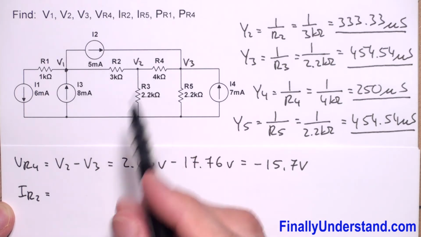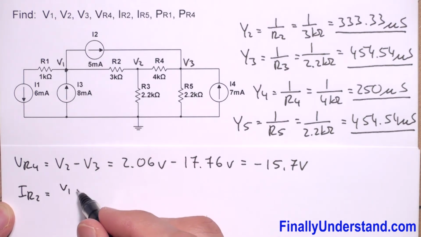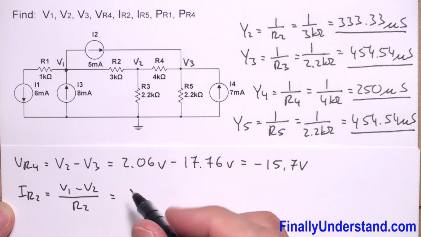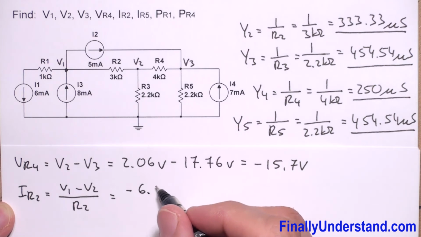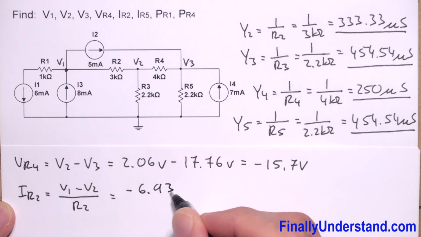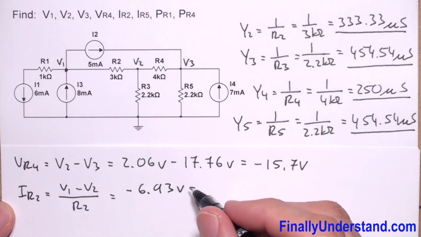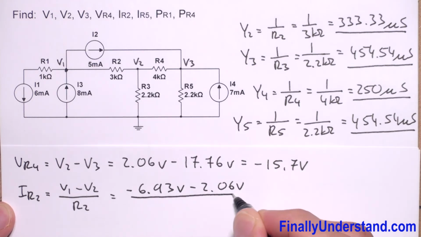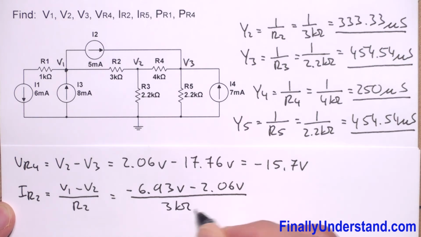The voltage across this resistor is the difference of these two voltages, so I have V1 minus V2 over R2. V1 is negative 6.93 volts minus V2, which is 2.06 volts, divided by R2, which is 3 kiloohms.